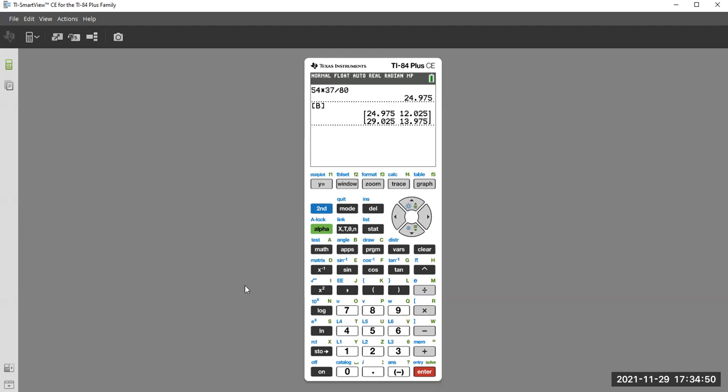So back over to matrix. I need to edit matrix A. I use matrix A for every problem. I have 2 rows and 5 columns. Oh dear. Let me try that again.